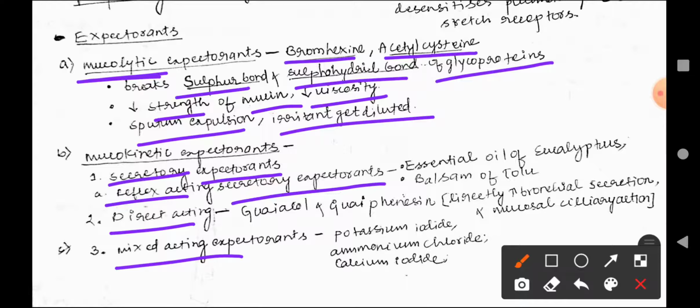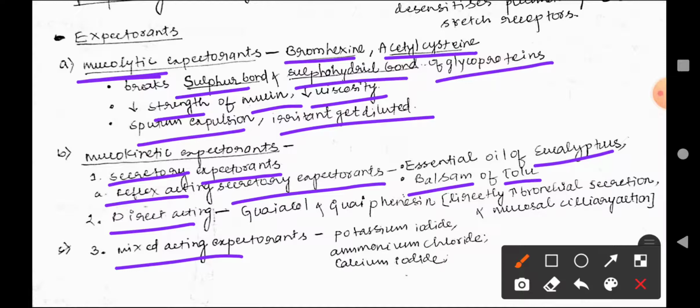These drugs will increase the secretion and get rid of the cough. Examples of these secretory expectorants are essential oil of eucalyptus and balsam of tolu.